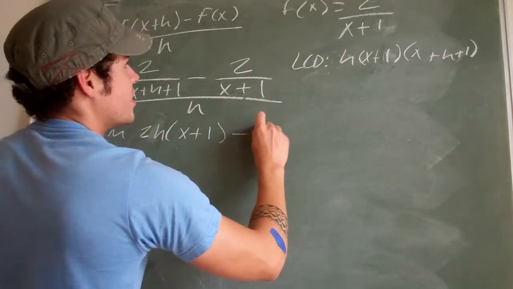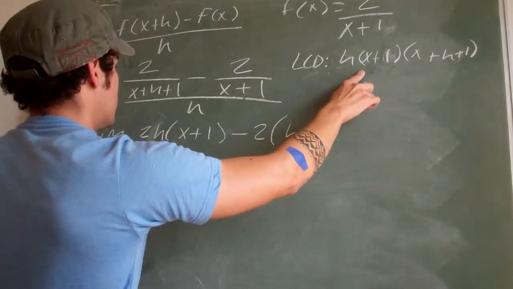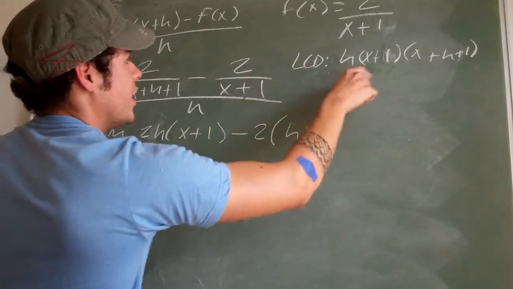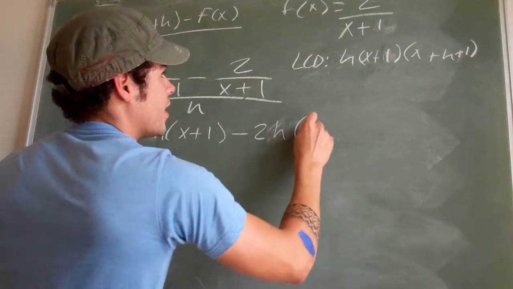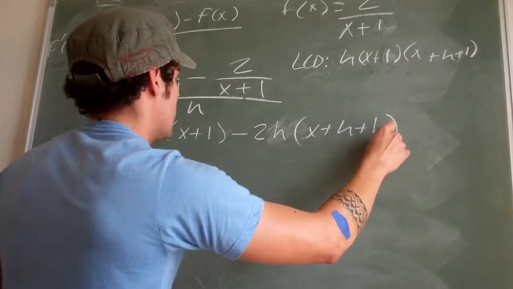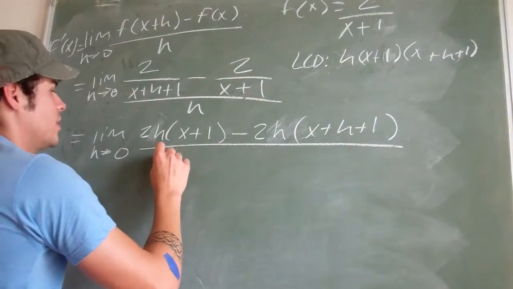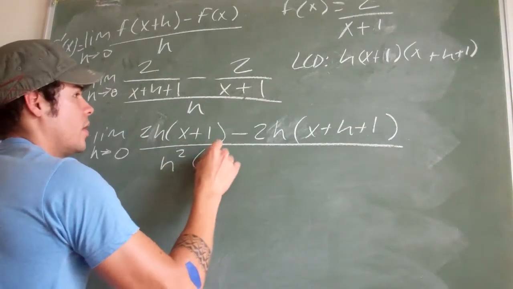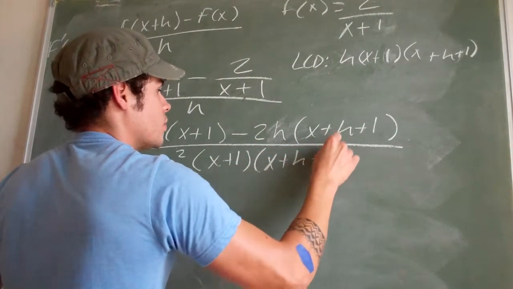And then we have minus 2h times x plus h plus 1, and then the LCD times the bottom is h squared, x plus 1, x plus h plus 1.